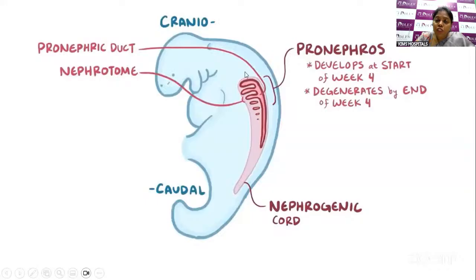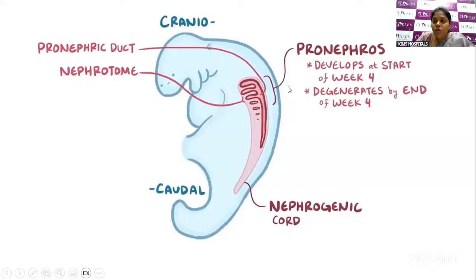In the earliest part of the 4th week, the nephrogenic cord forms the pronephros, which occurs near the head and neck region of the embryo. The pronephros is divided into nephrogenic ducts and nephrotomes, which are finger-like projections from the pronephric ducts.